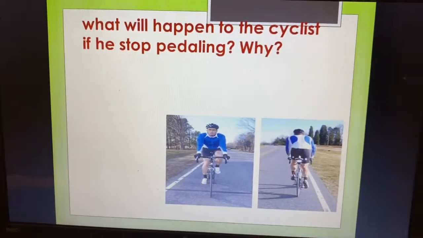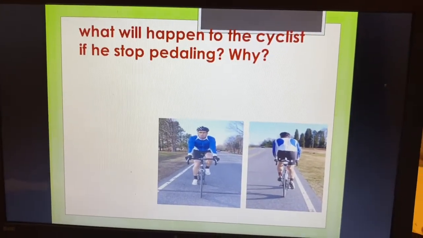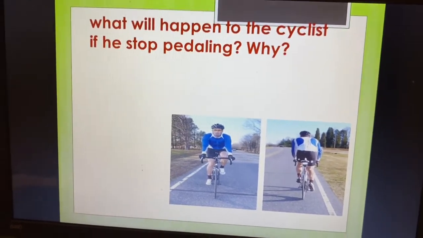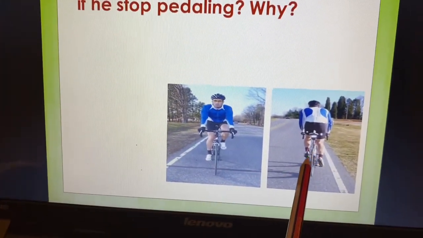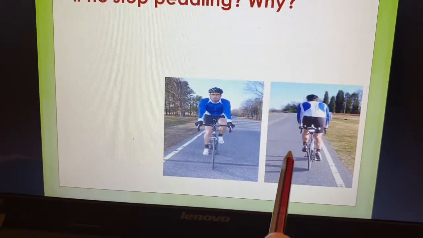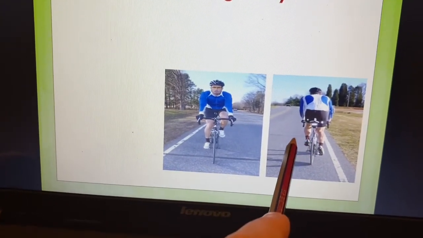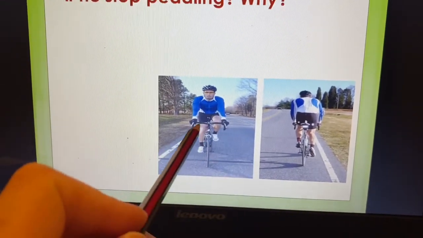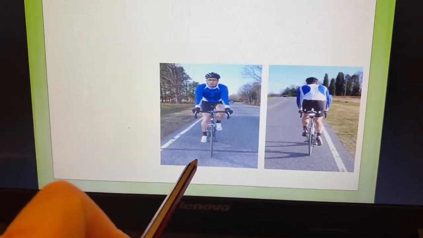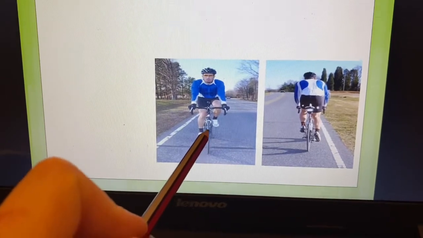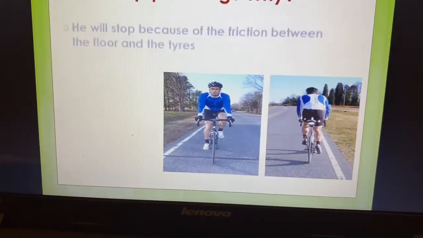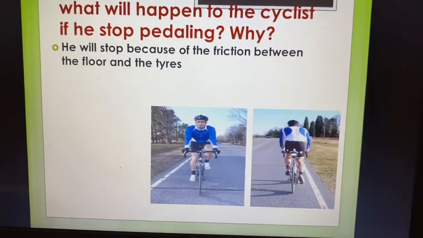Okay, look here. What will happen to the cyclist if he stops pedaling? If he stops pedaling, at the end, the bicycle will stop. Why? Again, there is friction between the tire and the street.